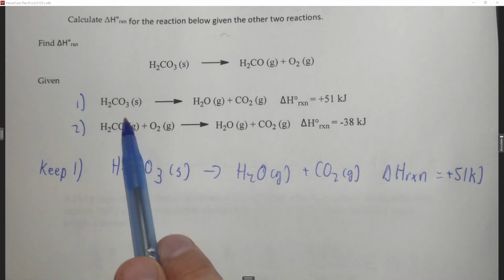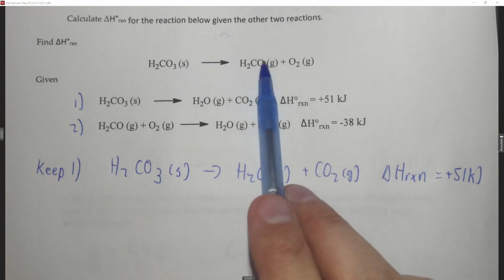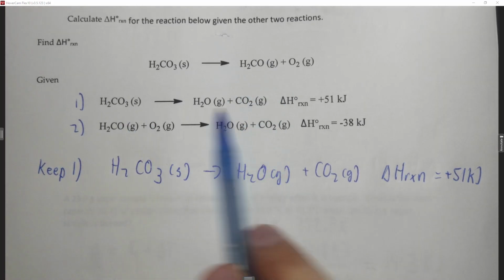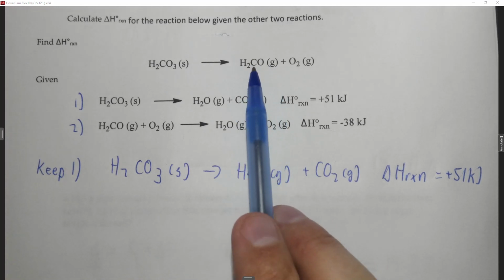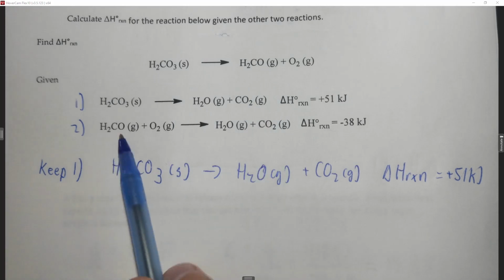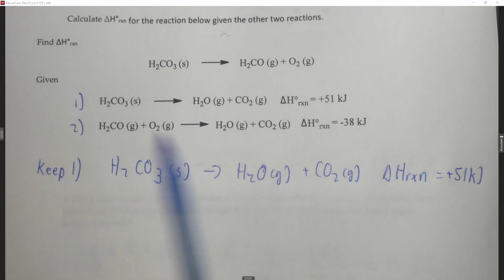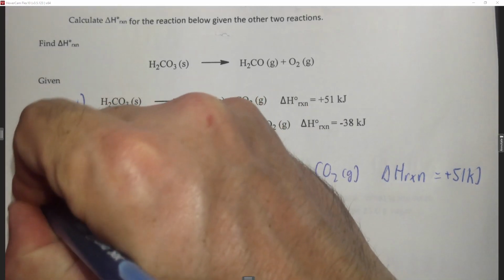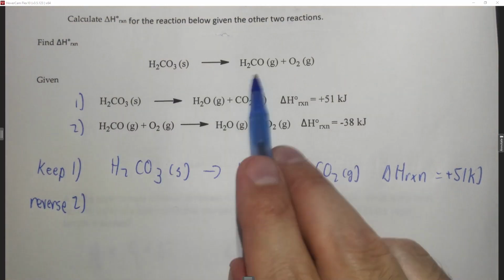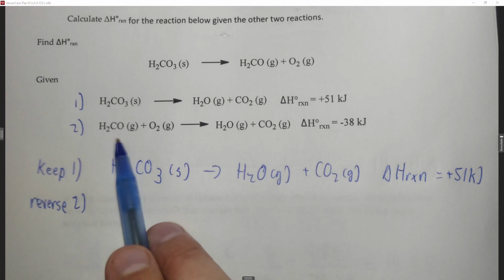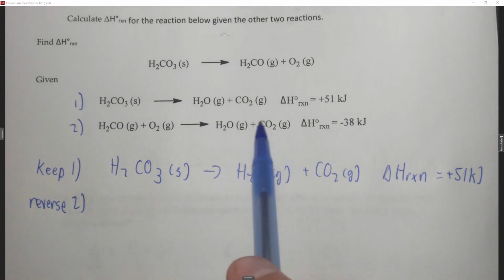I notice I have formaldehyde here, and up here I have formaldehyde as a product, while over here I have it as a reactant. So I need to reverse reaction 2. There's only one of each, so I don't need to multiply by 2 or 3. I just need to reverse it.